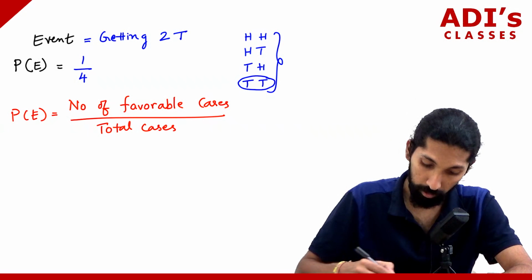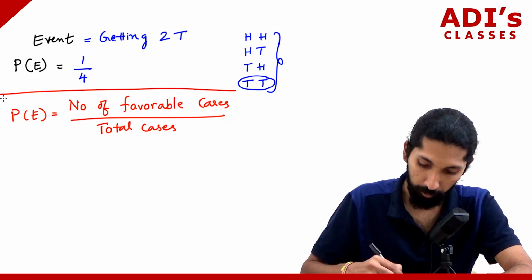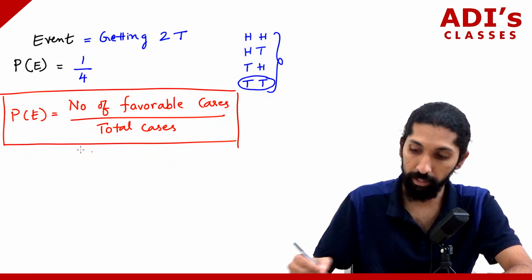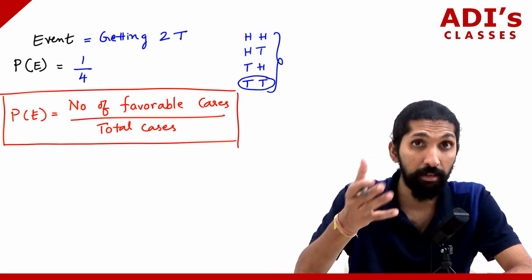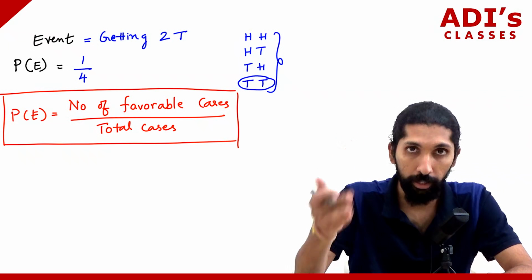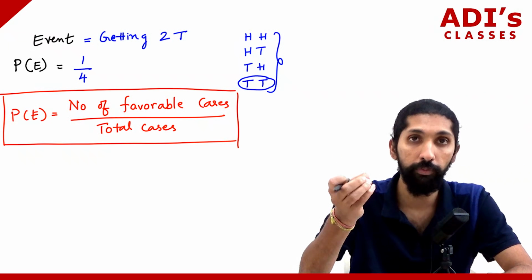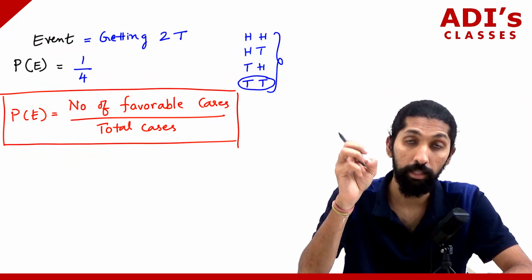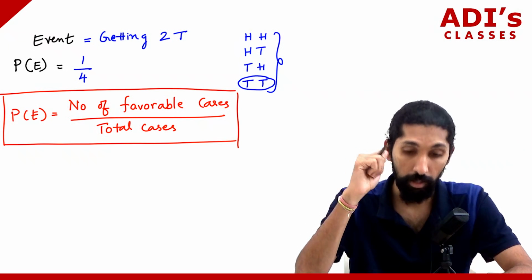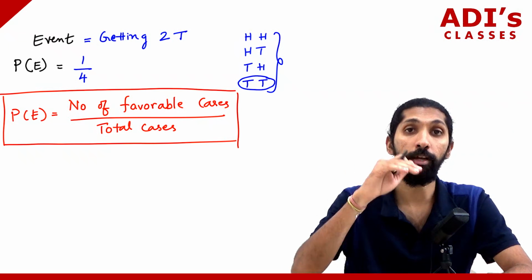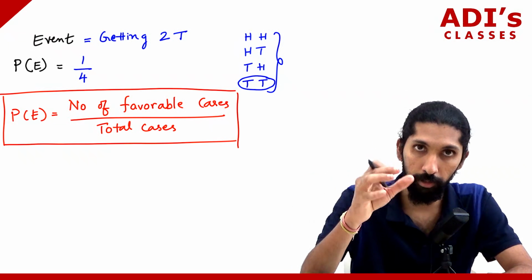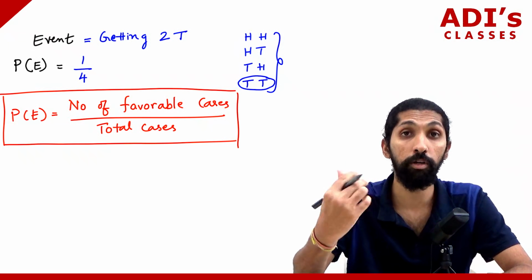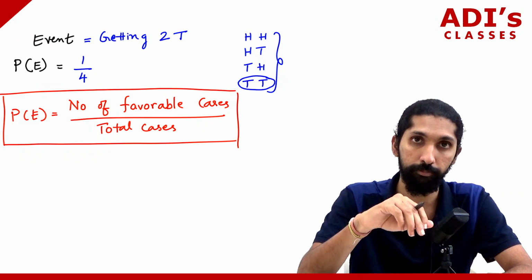This is the empirical formula, or the axiomatic approach, to calculate the probability. Axiom means you look at it, observe, and get the formula. In this case, we look at the way probability works, and from that we derive the formula. That's why we call this the axiomatic approach.